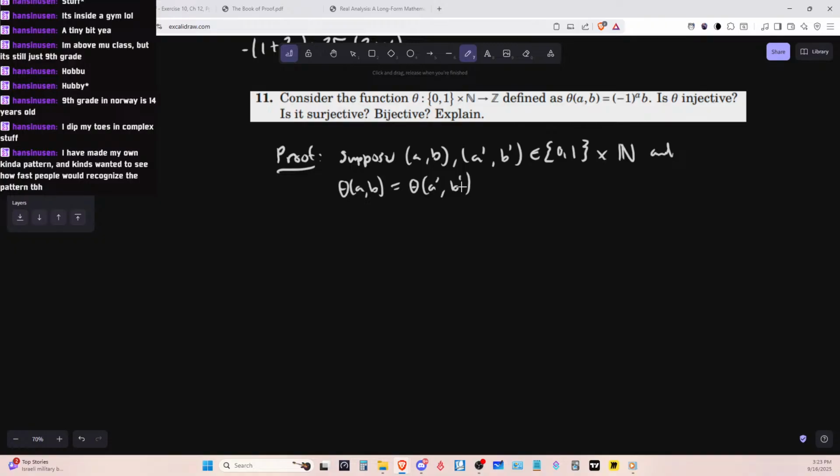Now we have to prove that it's injective, or if it's not, so let's see how it goes. If that's the case, then A, B would have to equal A prime, B prime, right?